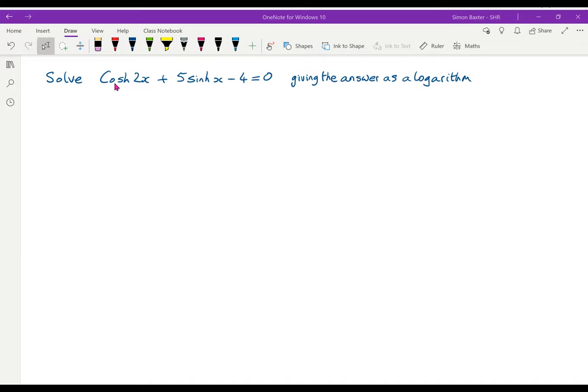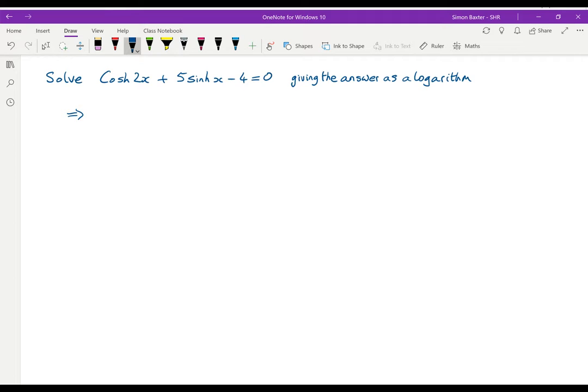We would have e to the 2x, e to the minus 2x, e to the x, e to the minus x, constant term, multiply through by e to the minus 2x, and you would have e to the 4x, e to the 3x, e to the 2x, e to the x, and a constant. You would have a fourth degree equation in e to the x, which might not be very nice. So in this case, it is preferable to use the trig type approach.